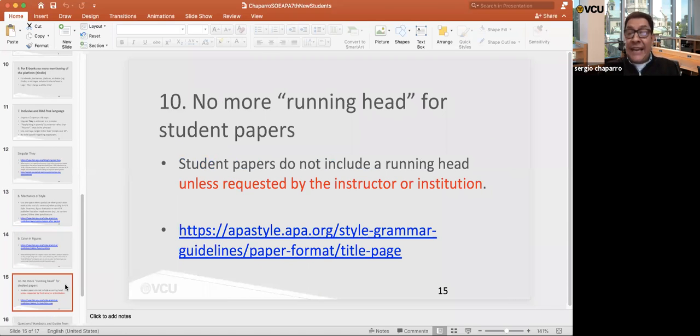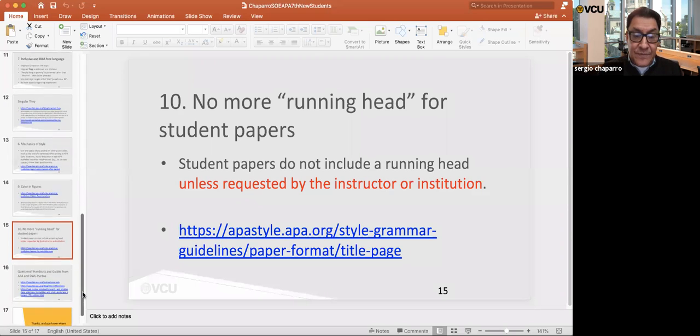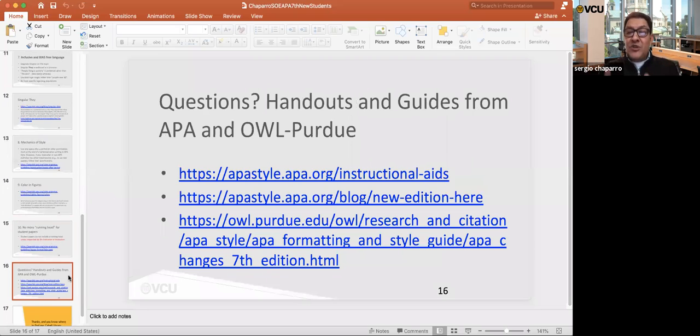Also, no more running head for student papers, but again, unless requested by the instructor or the institution. If you have questions, I suggest looking into these resources. The APA instructional guides are fascinating. They are really good educational vehicles. They are very well presented.